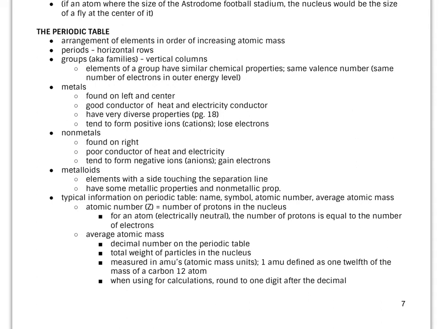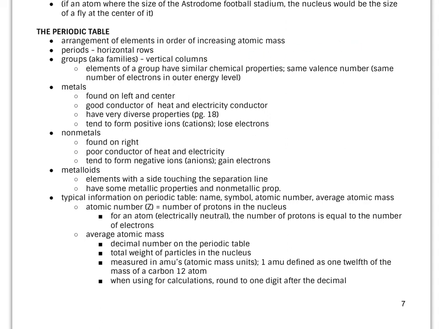So there are trends. They are arranged in certain ways. The elements are arranged in order of increasing atomic mass. So the number beneath the symbol, typically a decimal number, is the atomic mass. And then we talk about the periods, which are the horizontal rows, the rows going that way.